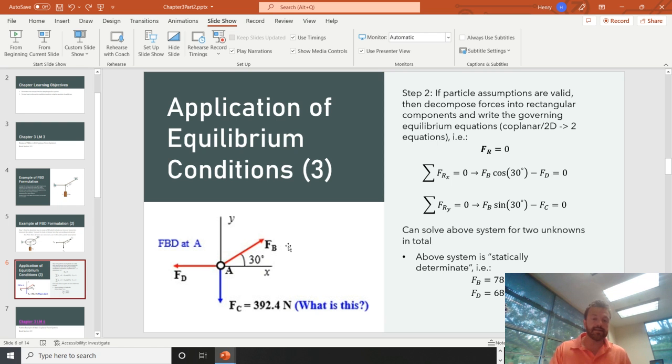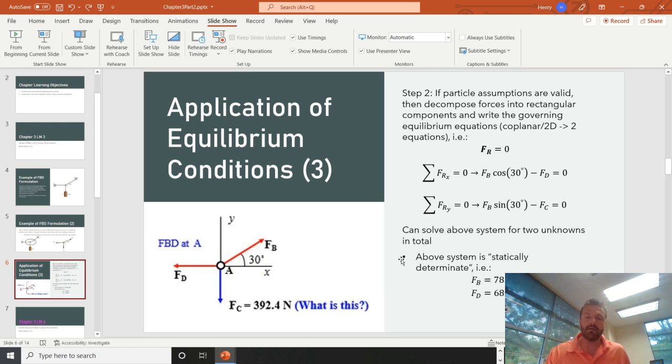In a similar fashion, what is counterbalancing the weight in the vertical direction? It is the y component of FB, which we can determine by decomposing FB into its y component, magnitude times sine of 30. That's what that term is in the equation. So that upward pull of FB must counterbalance the weight, which of course we've denoted as FC.